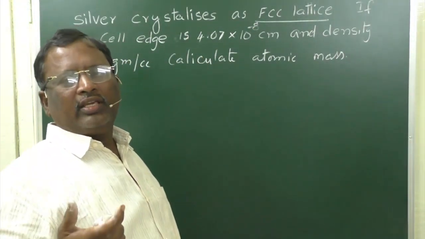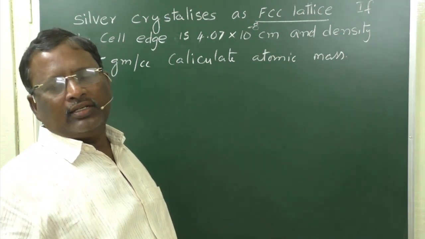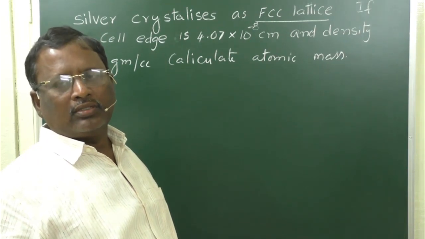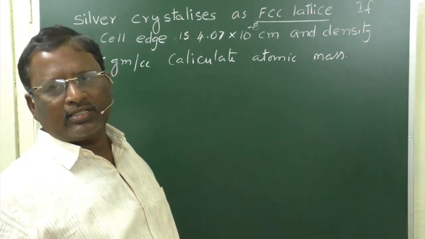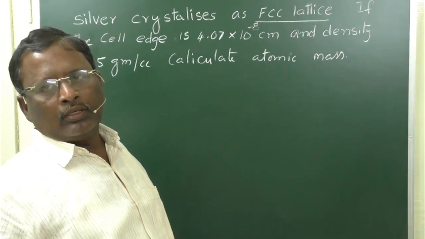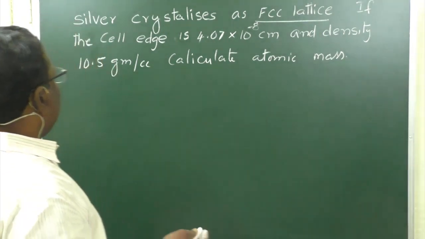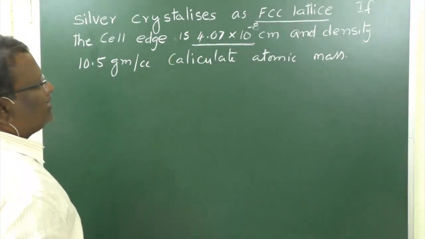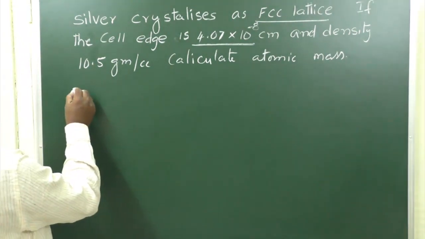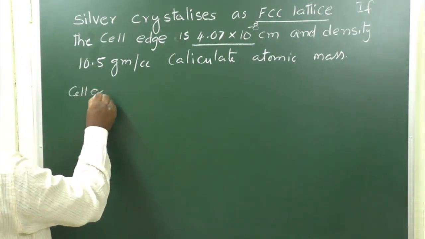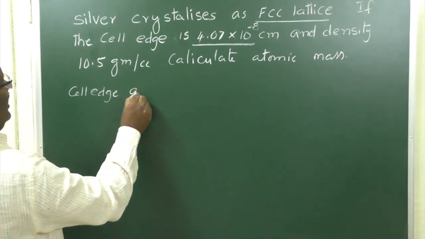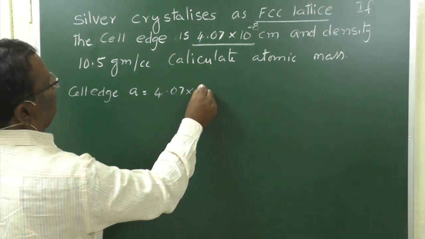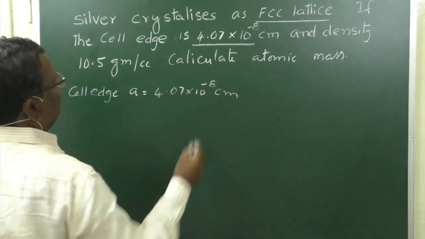So, if you know the mass of a unit cell, you can easily calculate that, it is equal to the mass of 4 atoms. So, the mass of Avogadro number of atoms is its atomic mass. Here cell edge A is equal to 4.07 into 10 to the power minus 8 centimeters.